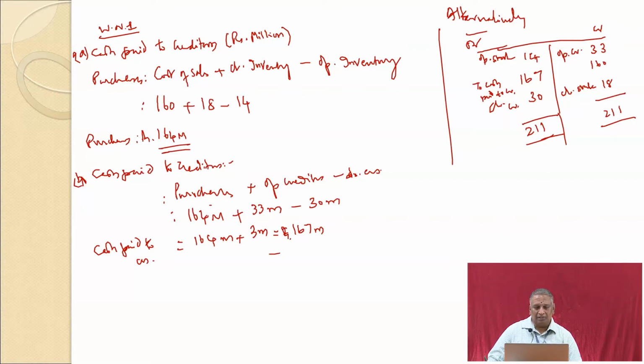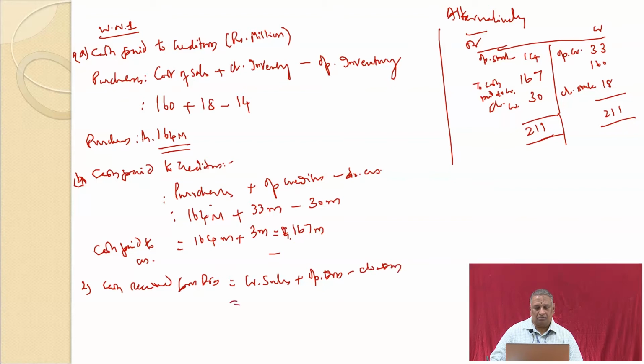Now cash received from debtors. This is working note number 2. Cash received from debtors is nothing but credit sales plus opening debtors minus closing debtors.